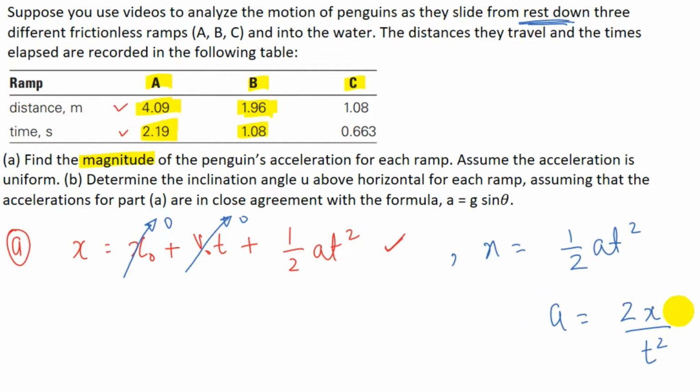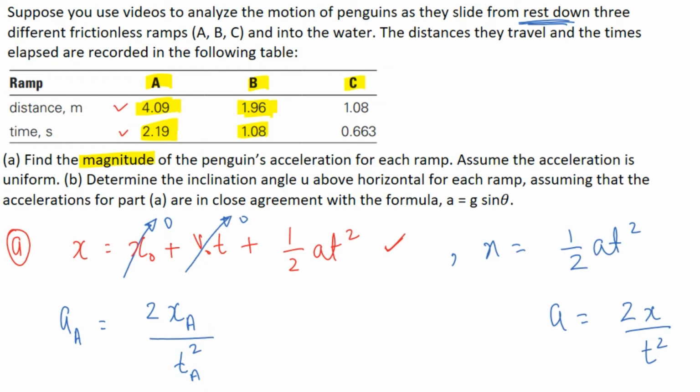Now we'll be using this equation for ramps A, B, and C. So for ramp A we can write that acceleration a_A would be equal to 2 times x_A divided by t_A squared.